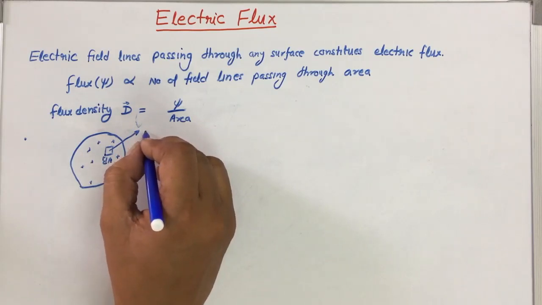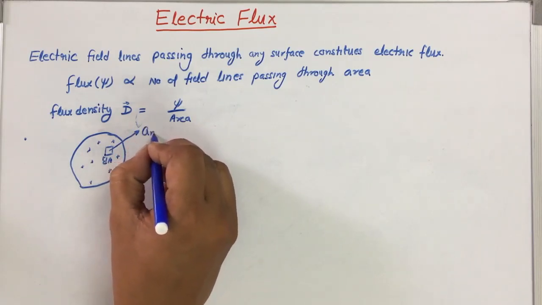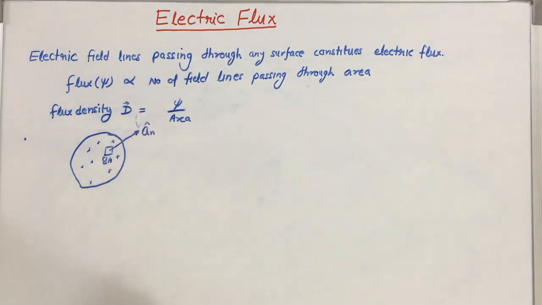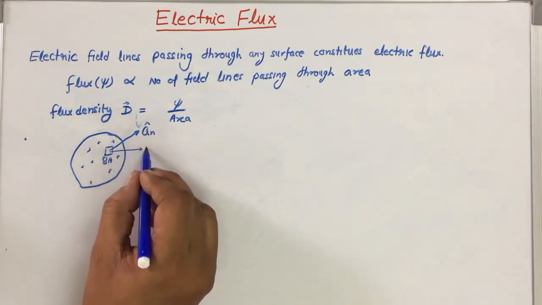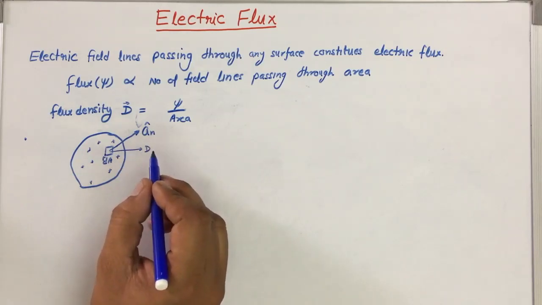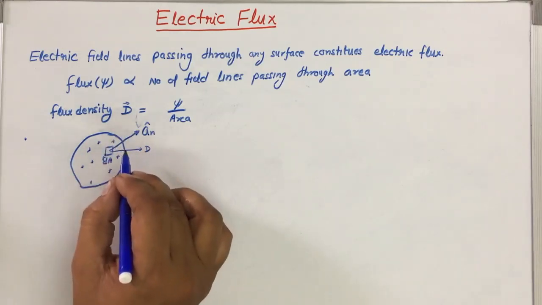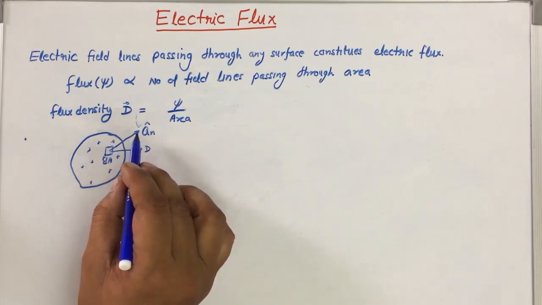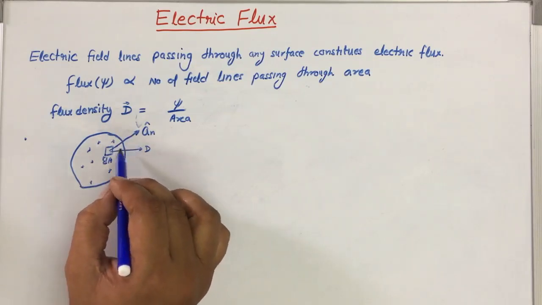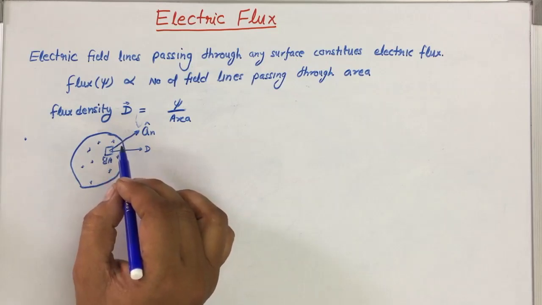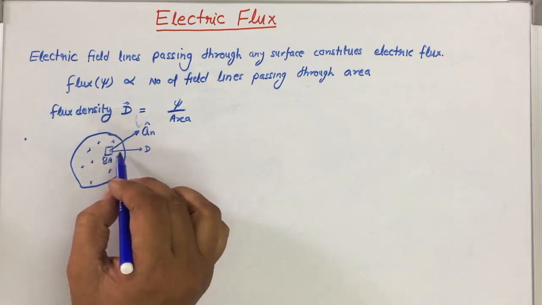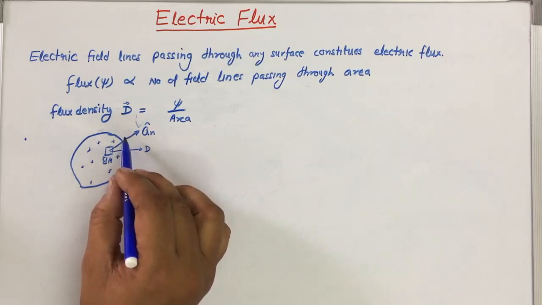If the field lines are passing in this direction, then from here we can define the component of these lines in the direction of the area. So flux is defined as the component of lines passing in the direction of the area.